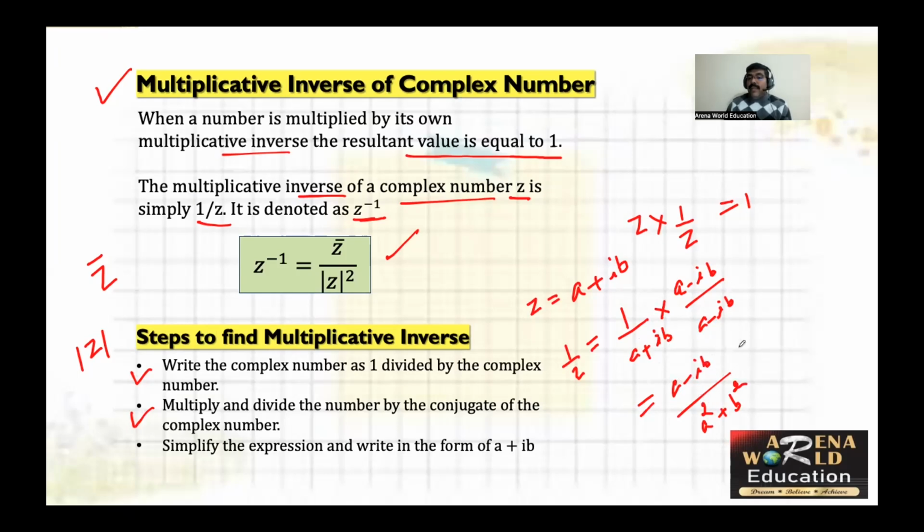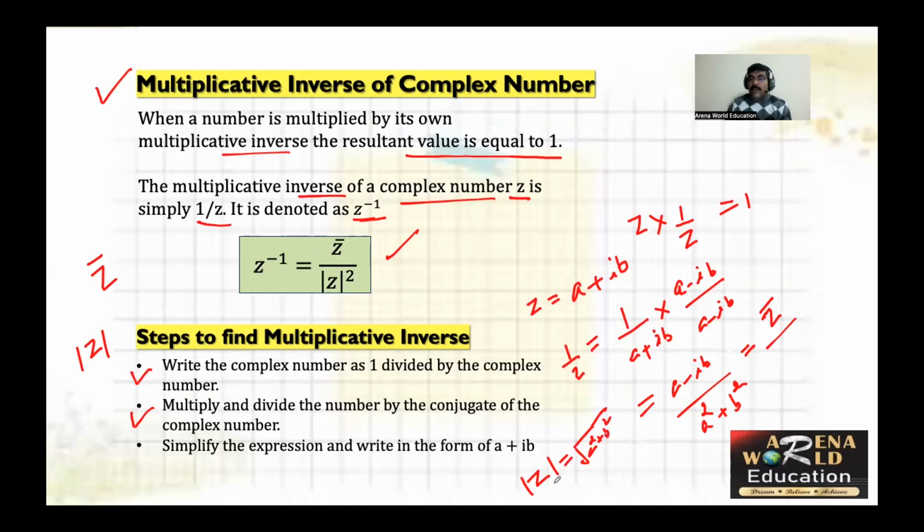So a minus iota b is what? This was the conjugate of z. And we had already discussed in the previous slide how to find the modulus. The modulus was under root a square plus b square.